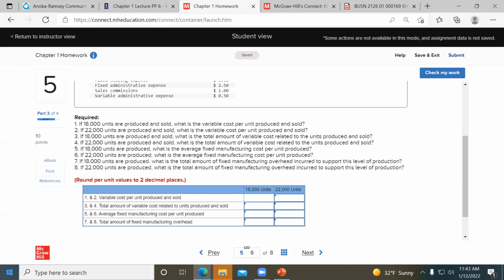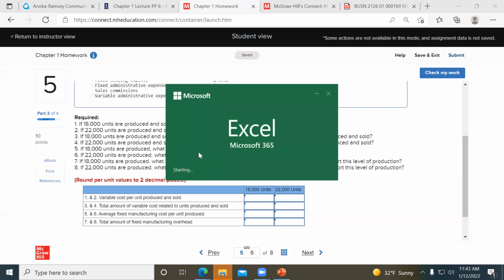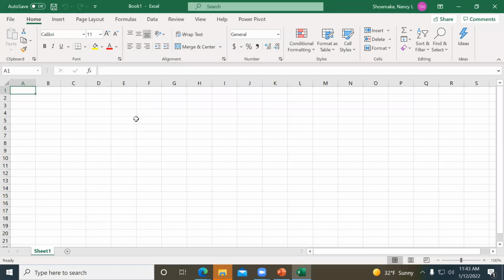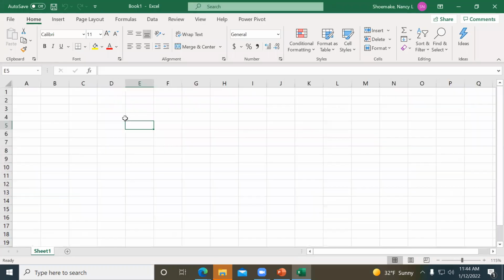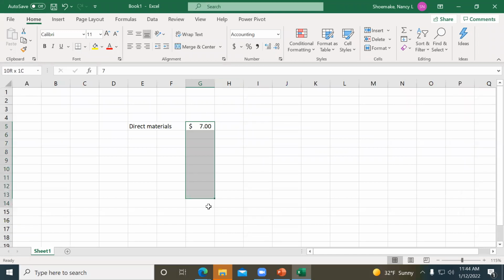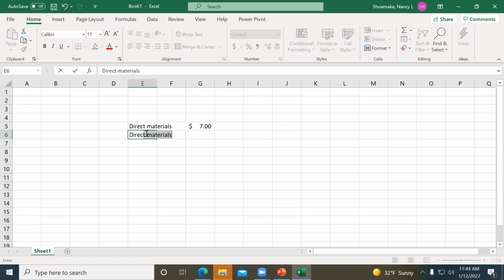Direct labor, let me see if I can get an Excel in here. So direct materials is how much, guys? 7. Okay. Direct labor is how much?